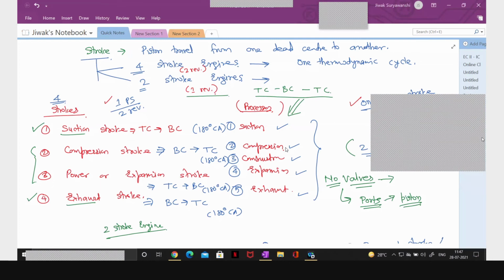Now, why is there more pollution? You can write in the chat box. Why is there more pollution in case of a two-stroke engine? Yes, please write in the chat box, or you can answer.